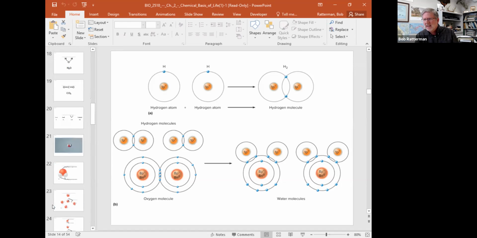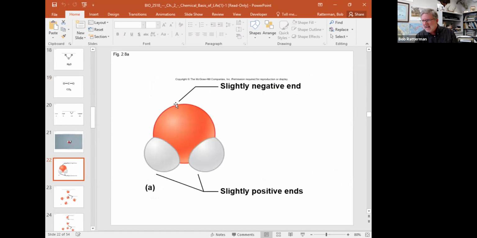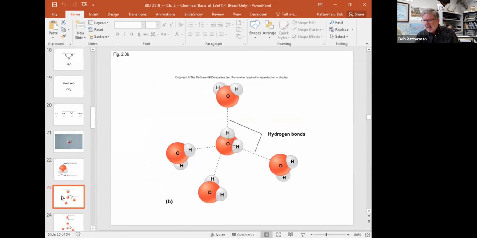The effect is to create a slight negative charge on the oxygen end. That's what this is showing. This is a water molecule. Here's oxygen, here are the 2 hydrogens. So you end up creating a slight negative charge on the oxygen end and a slight positive charge on the hydrogen ends.